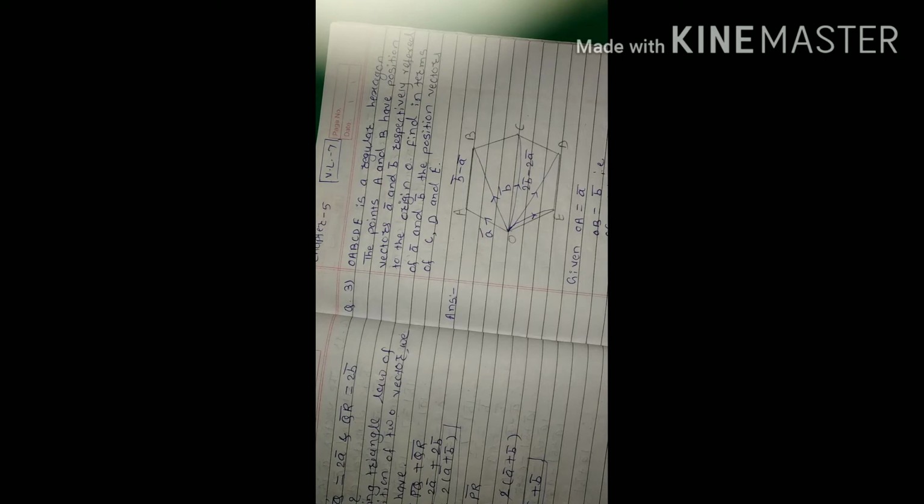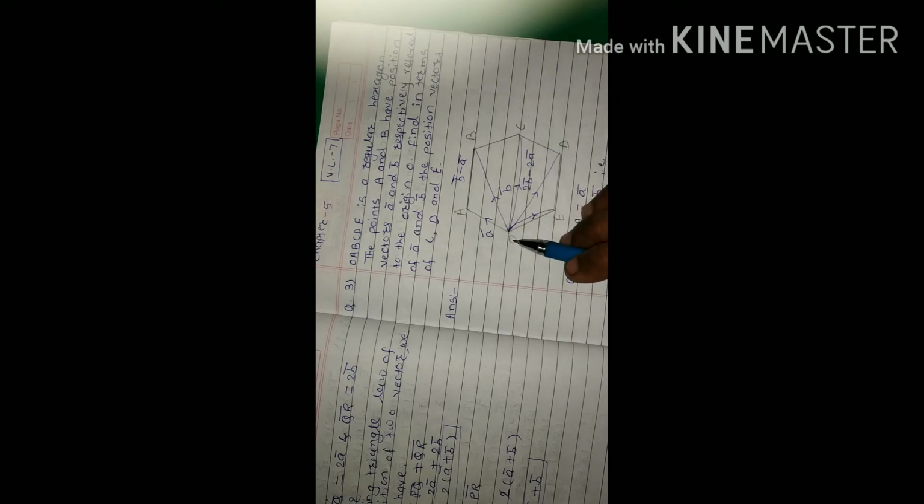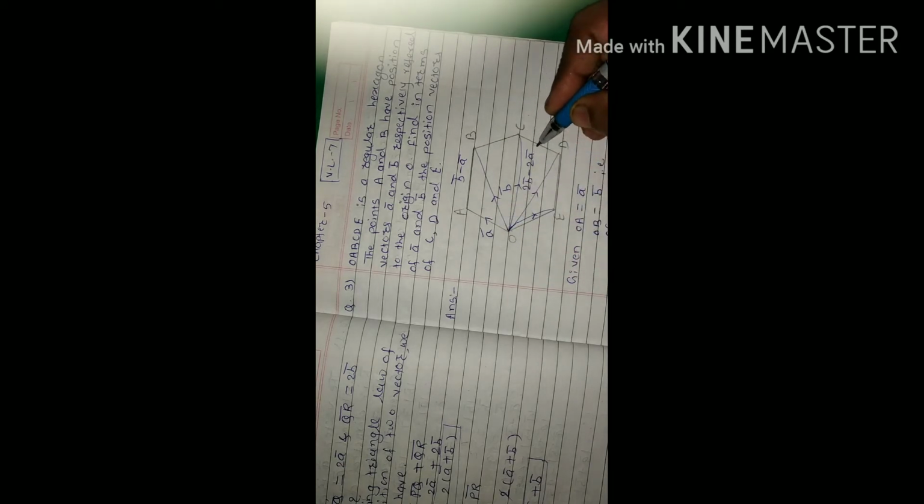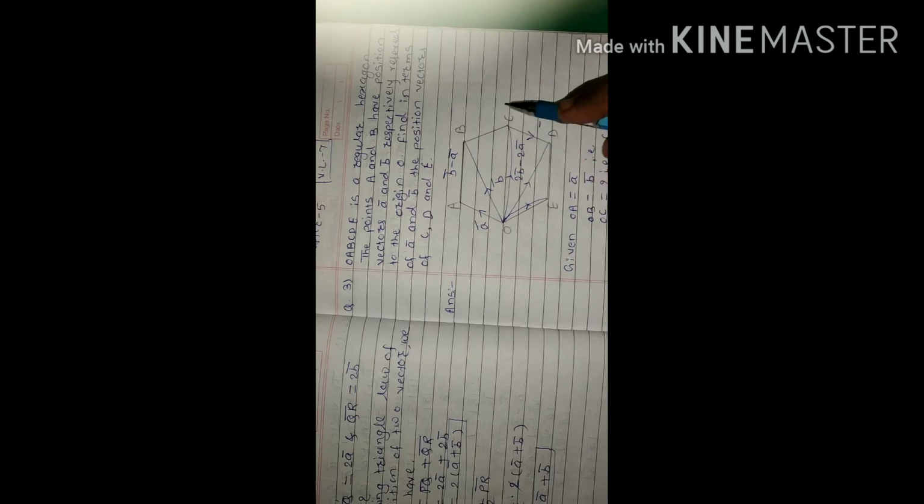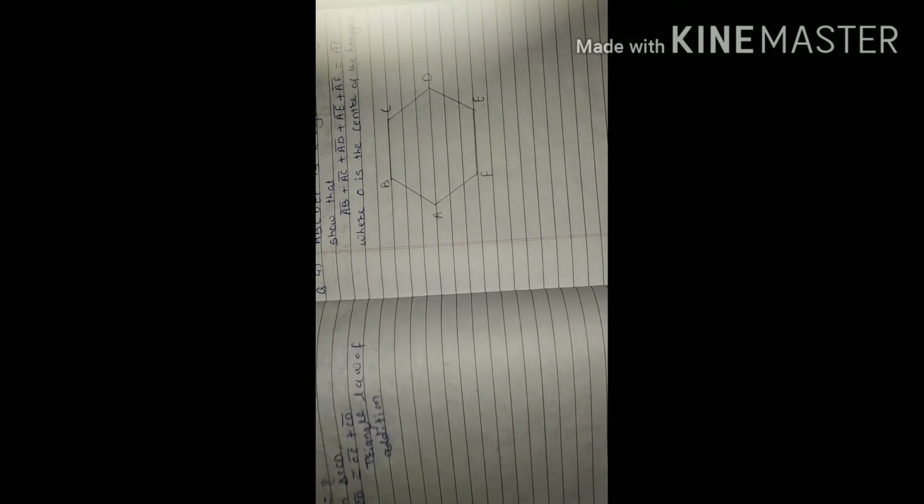OA is A bar. OA and CD are in opposite directions, and all the sides of the hexagon are equal. Only the direction changes, so the value of CD bar is minus A bar.